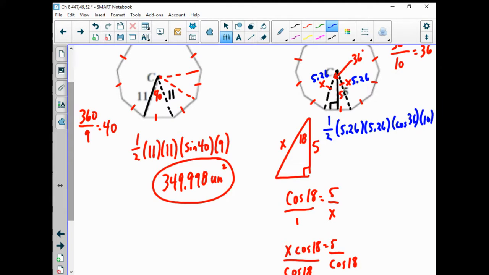And so when I punch it all in, I get 111.92 square units. So that was one option that we could have done.